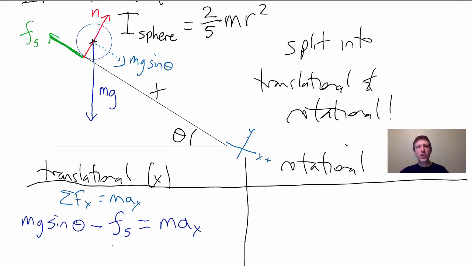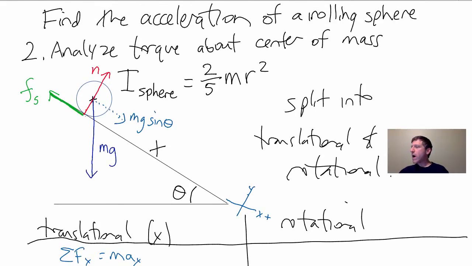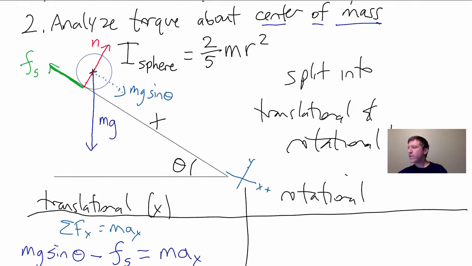Now, for rotation, you have to pick an axis of rotation. We have already picked, for this method, the center of mass of the sphere. So we're going to analyze torques about there. Let's figure out which of these forces actually will exert a torque about the center of mass.